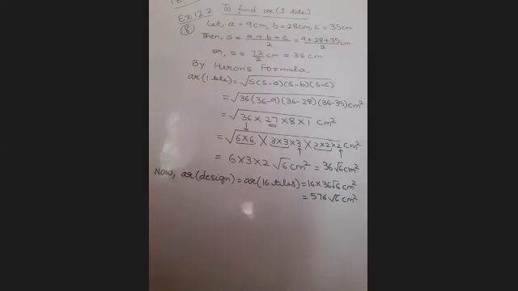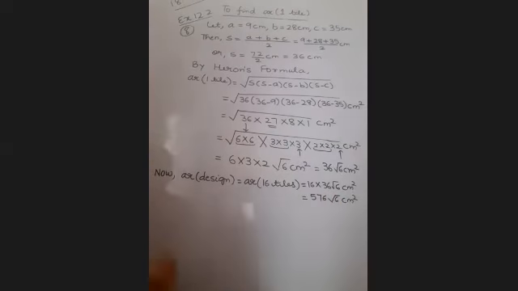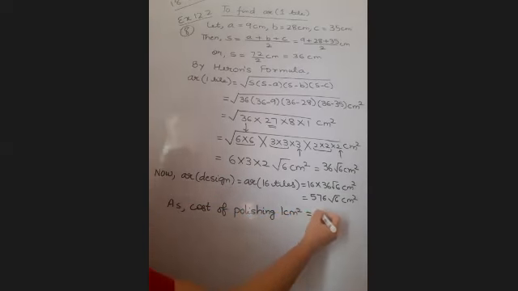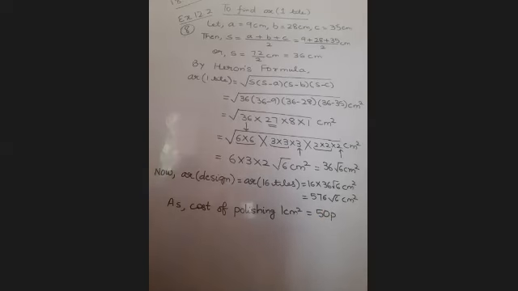You have to find the cost, right? So the cost of polishing one centimeter square is equal to 50 paisa. Now how can you change 50 paisa into rupees?